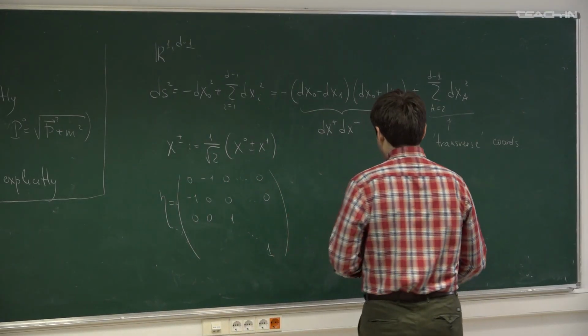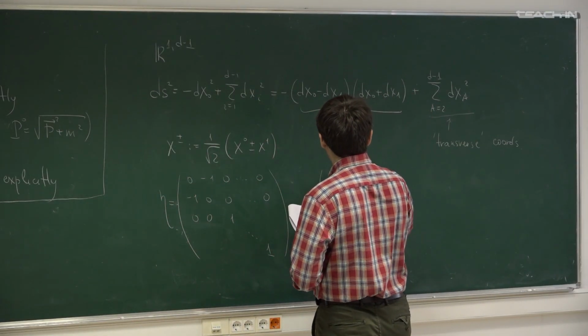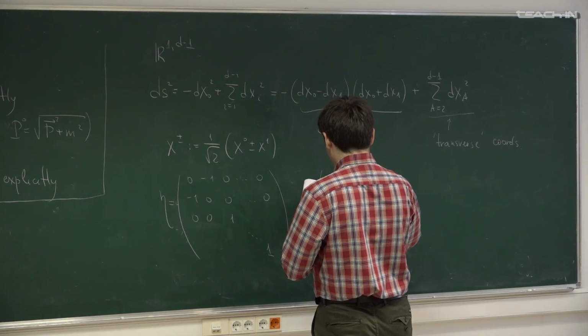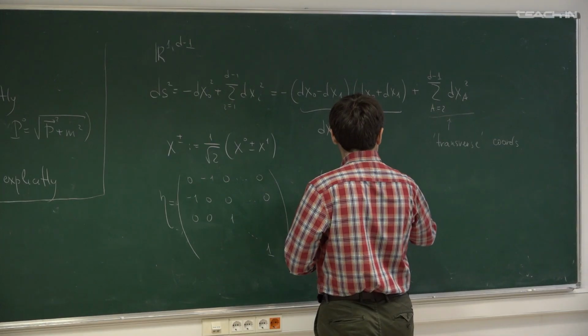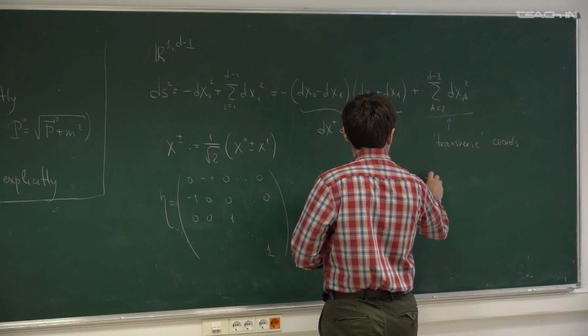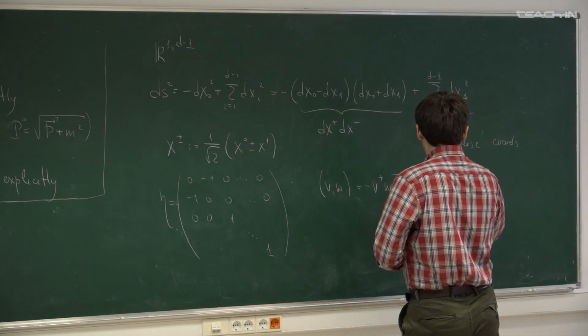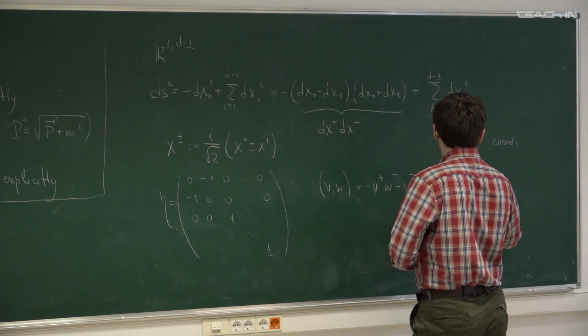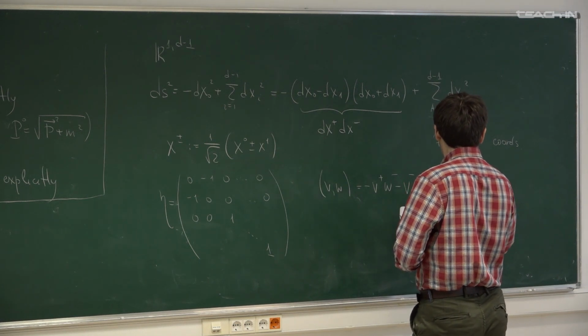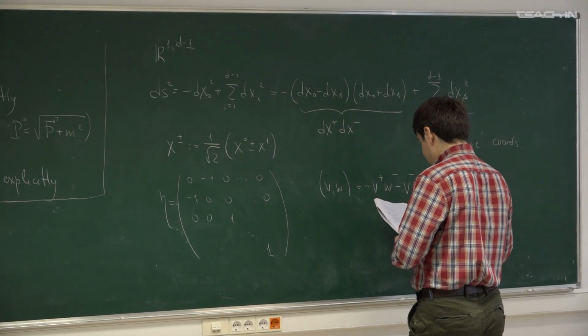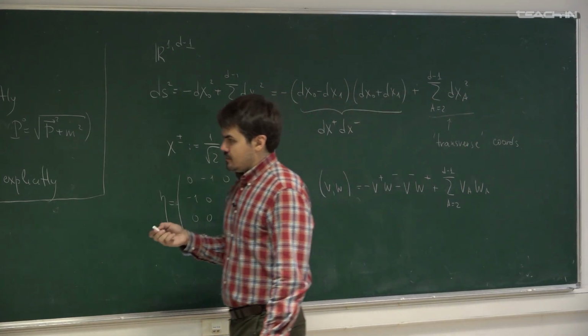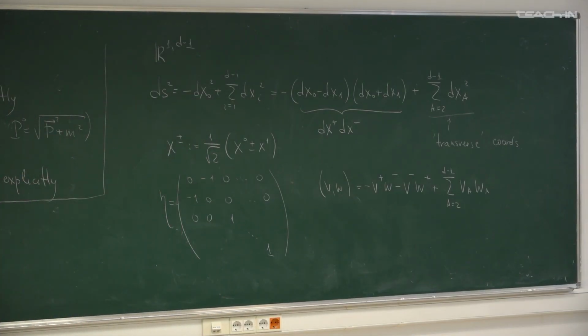And the scalar product of two vectors, V and W, is minus V plus W minus, minus V minus W plus, plus the sum over A from 2 to d minus 1. Well, the slight complication that one has in light cone gauge is that you have to be careful in raising and lowering the indices.